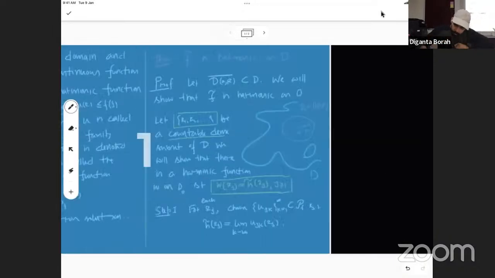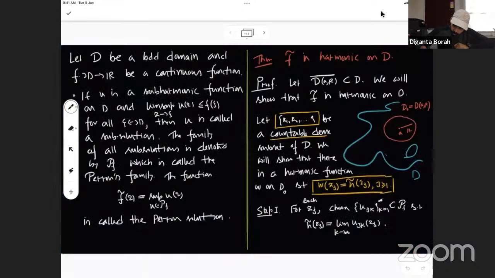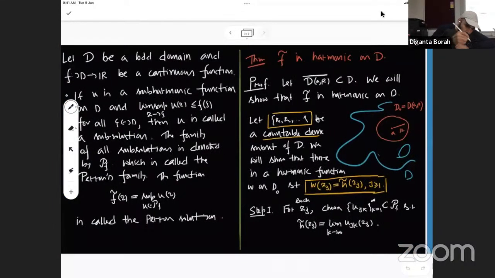So we have step 2. What I'll do is modify this sequence gradually. So first, let V_m be the maximum of U_{z_j,k}, where 1 ≤ j, k ≤ m.